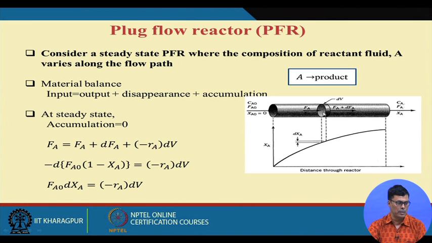Let us assume the volume of the segment is dV, and FA is the moles of A entering the system, and whatever change there is, dFA. So FA plus dFA is what goes out of the system. Why plus? In the case of a product it should increase, in the case of a substrate it may be negative, so we consider dF.